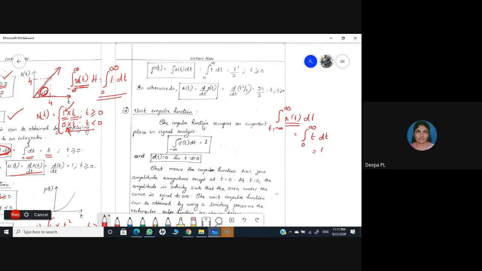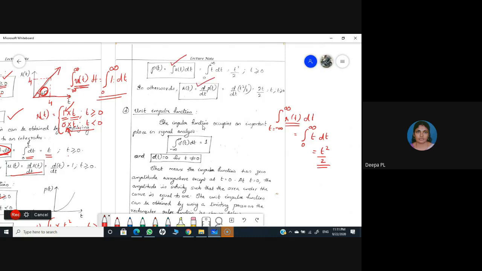If I integrate this, I get t square by 2. So I can define p of t as the integral of r of t dt, that is the integral from 0 to infinity of t dt, equal to t square by 2 for t greater than or equal to 0. If p of t is the integral of r of t, then r of t will be the differential of p of t.